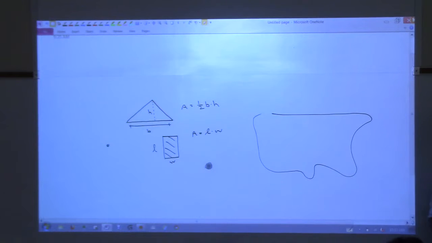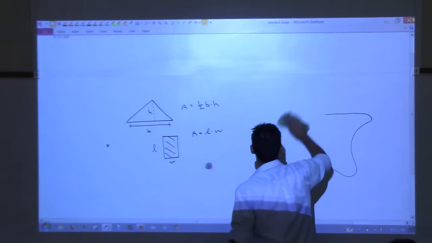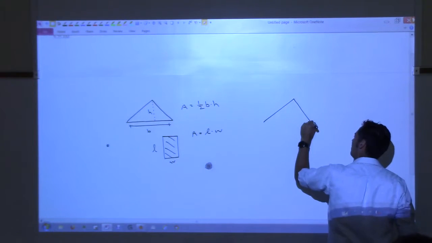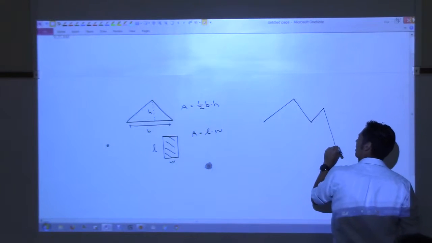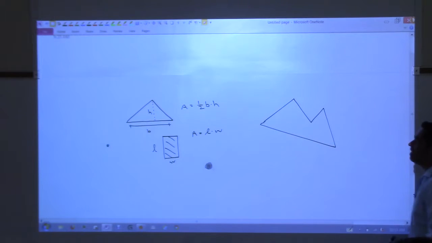As long as your land is rectangular or triangular, we're good, right? And then we started to get things that maybe looked more like this. That's not Texas. That's just something else, right? So we have to find the area of this.